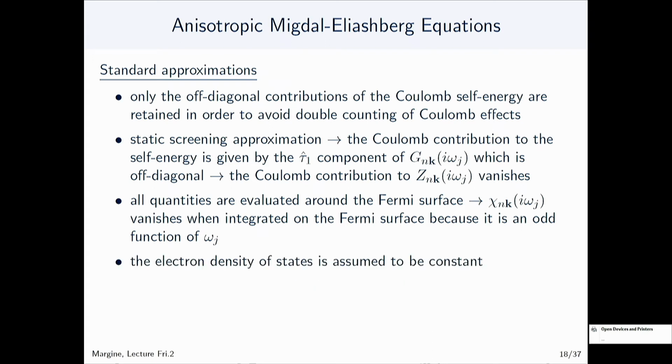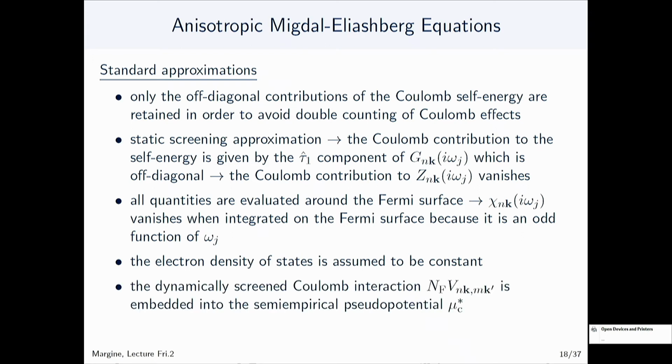Another assumption that we are going to make is that the electron density of states is assumed to be constant. Again, this may not be the case, and there are no studies that show how this really affects the final results, but it's quite an important approximation.